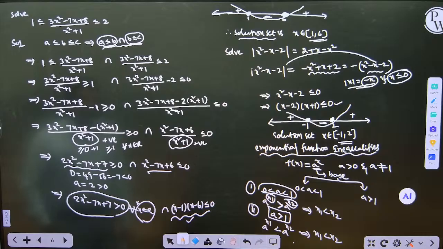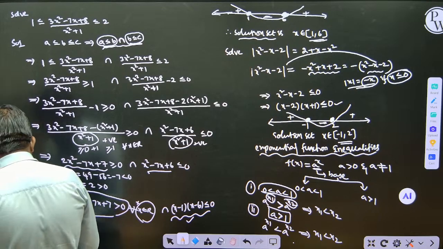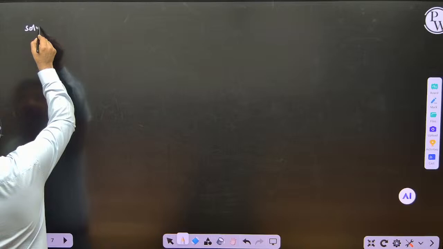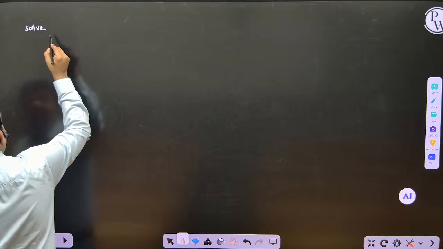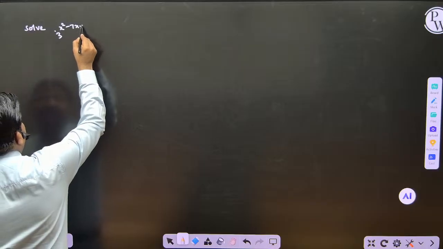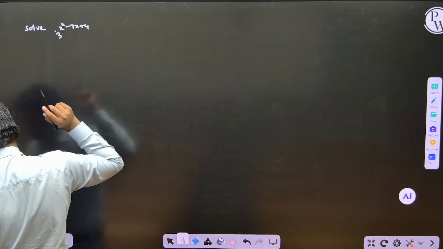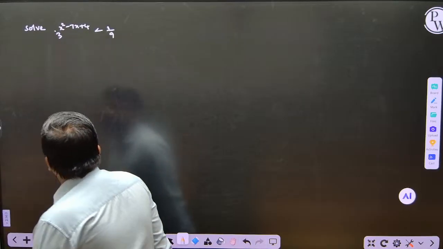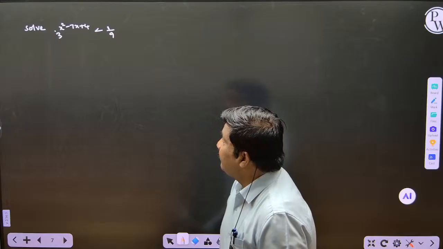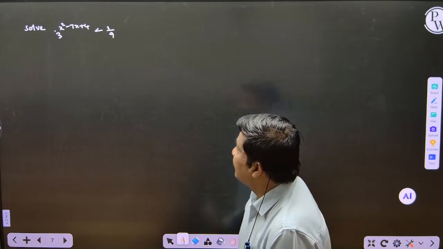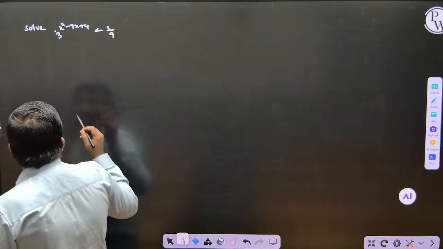Next, solve the inequality 3 power x square minus 7x plus 4 less than 1 by 9.